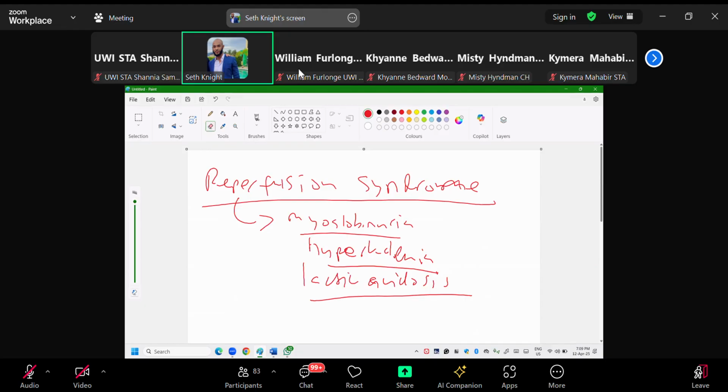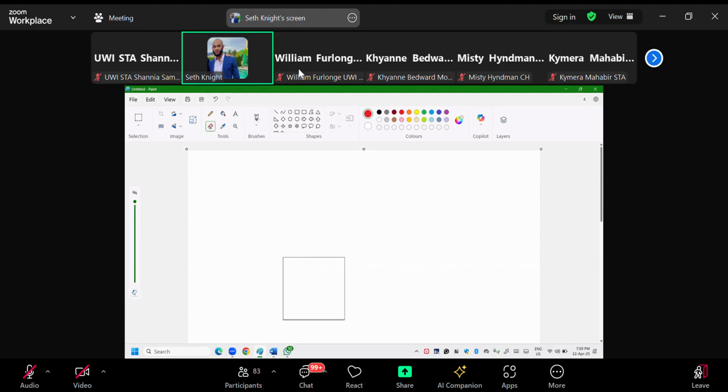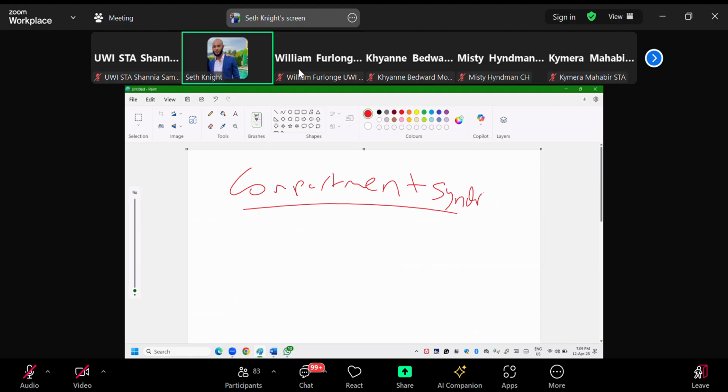In the setting of this reperfusion syndrome as well, when you reperfuse some tissue, the other complication you need to know about is that of compartment syndrome. Because when you reperfuse a tissue, those muscles can become very edematous because of the blood and so on, right? And that now could lead to your compartment syndrome.